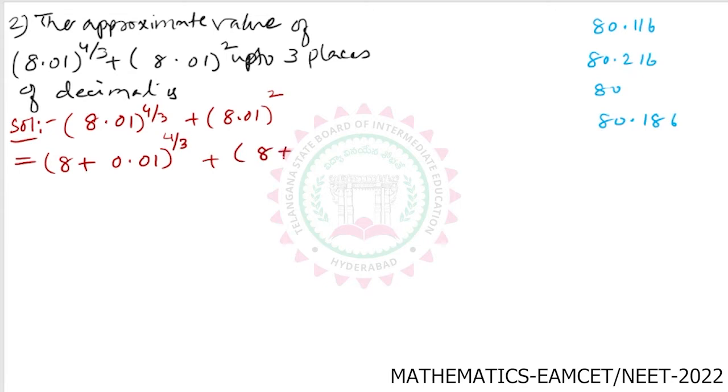Similarly, this can be written as 8 plus 0.01 whole square. If I take 8 common, it comes with 8 power of 4 by 3, and this becomes 1 plus 0.01 whole divided by 8. 8 will come to the denominator because there is no 8 in the second term.